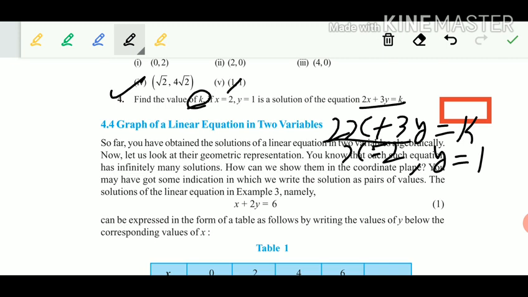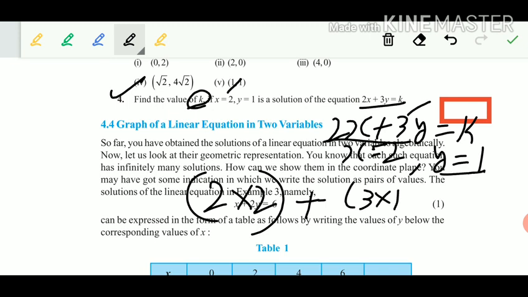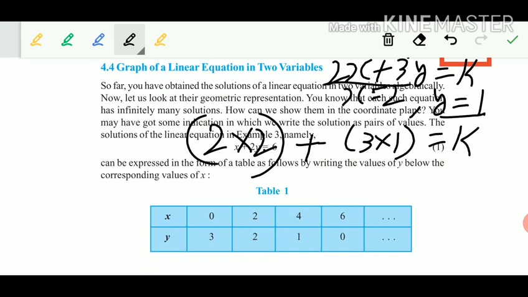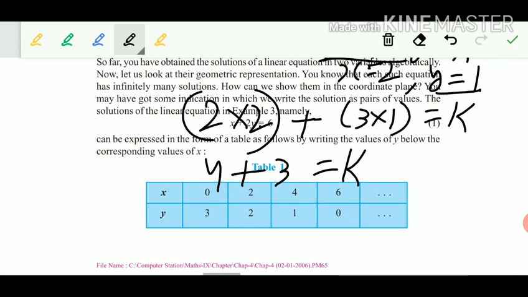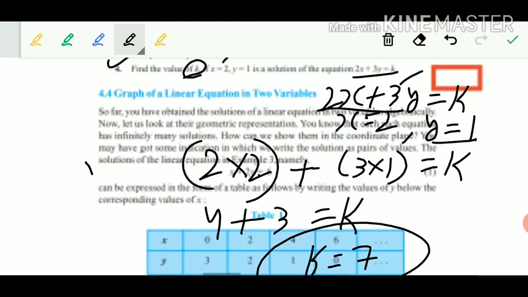Put in this equation: x value is 2, so it becomes 2 multiplied by 2 plus 3y, y value is 1, so 3 multiplied by 1 is equal to k. 2 into 2 is 4 plus 3 into 1 is 3, equal to k. 3 plus 4 is 7. So the value of k is 7.